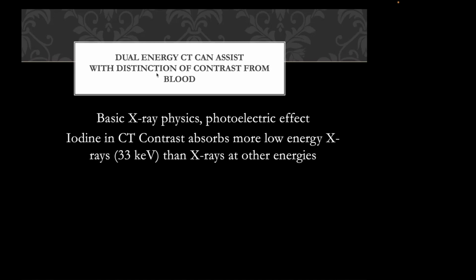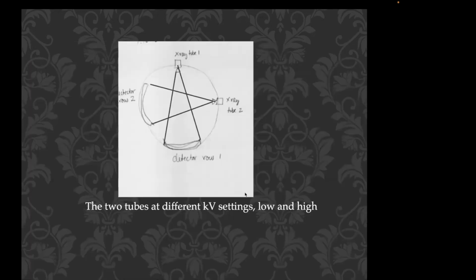But another technique that can be used is dual energy CT. And so basic X-ray physics, we know that from a photoelectric effect, the iodine in the contrast absorbs more low energy X-rays at around 33 keV than X-rays at other energies. So in a dual energy scanner, there are two X-ray tubes, and you can choose to set the X-ray tubes at different keV, a low keV and a high keV.